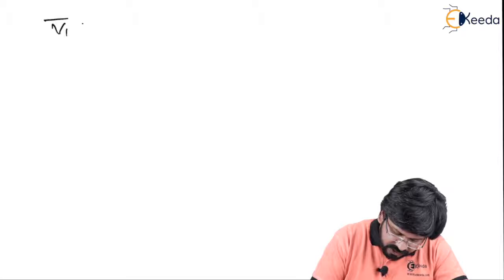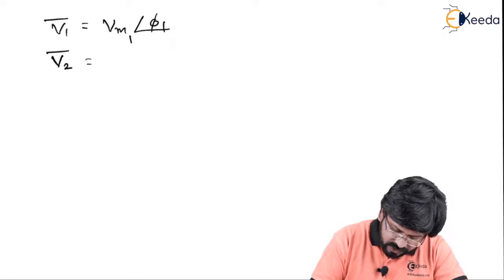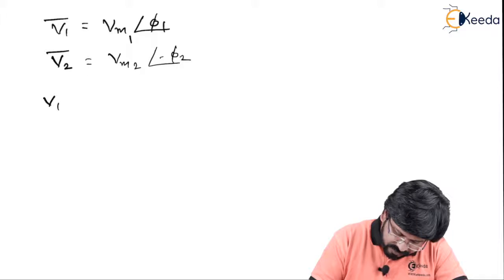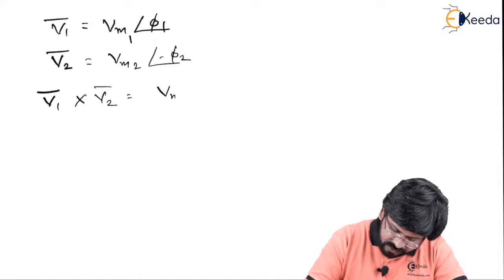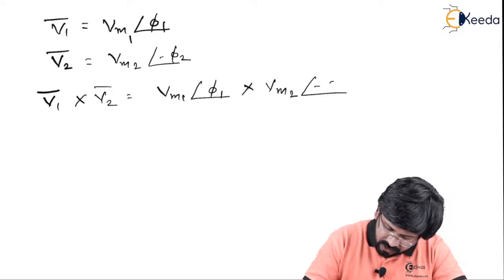We had V1 vector as Vm1 at an angle of phase phi1, and V2 vector was Vm2 at an angle of minus phi2. Now let's say I want to multiply these two signals, that is V1 vector multiplied by V2 vector. Then it becomes Vm1 at an angle of phase phi1 multiplied with Vm2 at an angle of phase minus phi2.